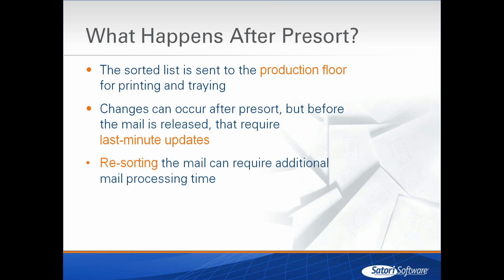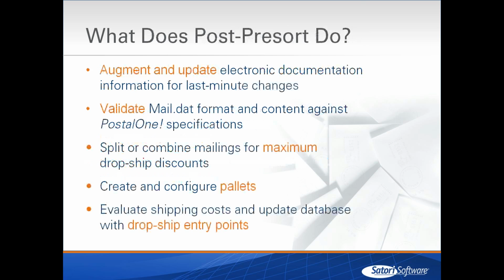The solution that we have to handle that, we call Post-Presort software. Post-Presort software is a way for you to take the mailing documentation that you already have, generated by your pre-sort product, and make the last-minute changes that are necessary to make sure that what you're entering into the post office matches what you're saying you're entering.